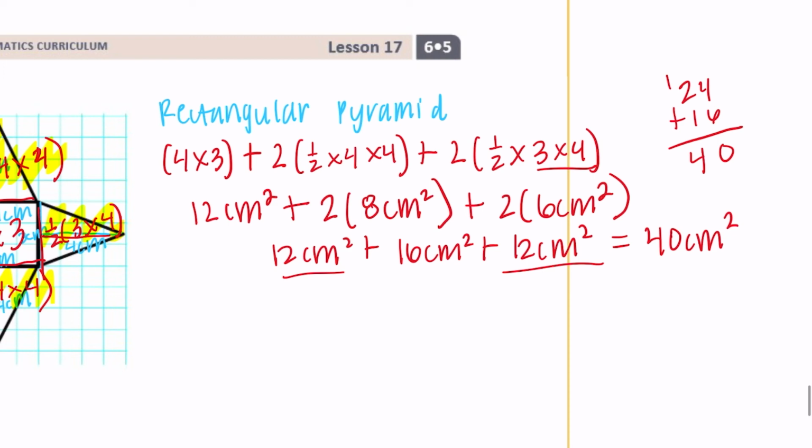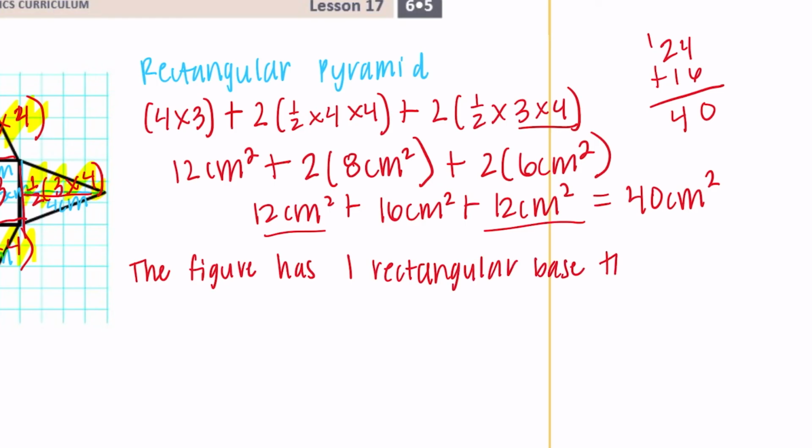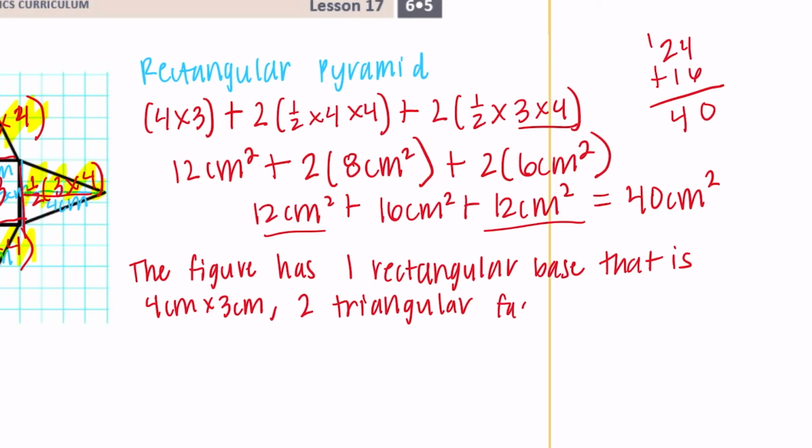So let's explain how we got that. So the figure has one rectangular base that is 4 centimeters by 3 centimeters, 2 triangular faces that each have a base of 4 centimeters and height of 4 centimeters.